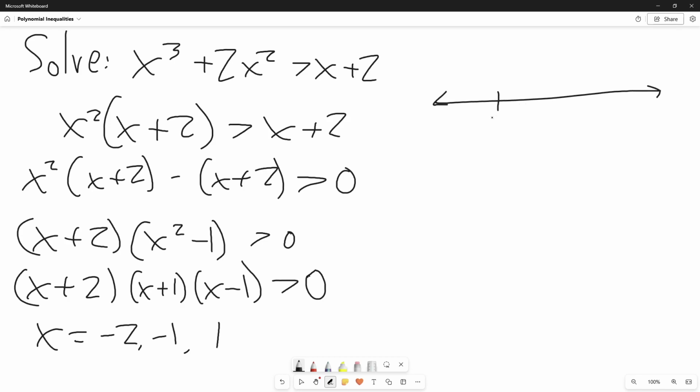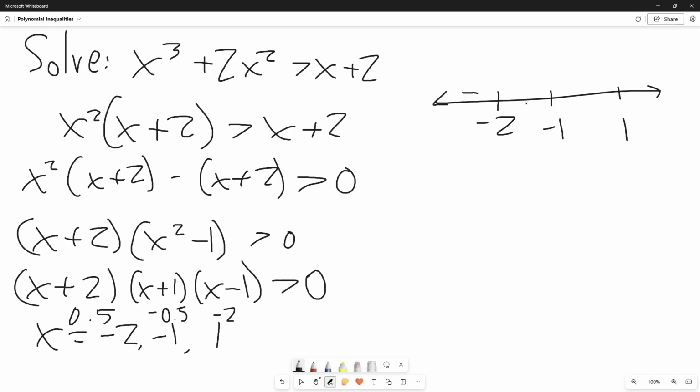Now we draw a sign diagram with points at our solutions, -2, -1, and 1, and try every single region. So -3, that will be -1 times -2 times -4, and that's negative. So before -2, it's negative. Let's try -1.5 for this region. So that will be 0.5, -0.5, and -2.5. And that is positive.